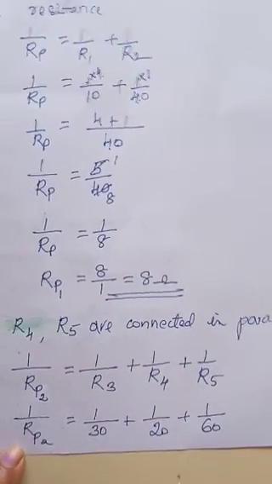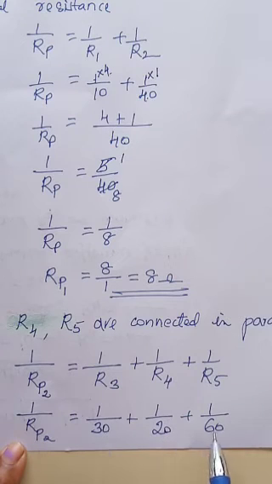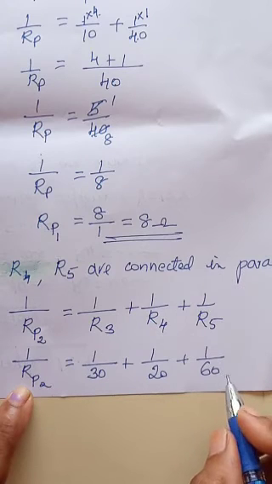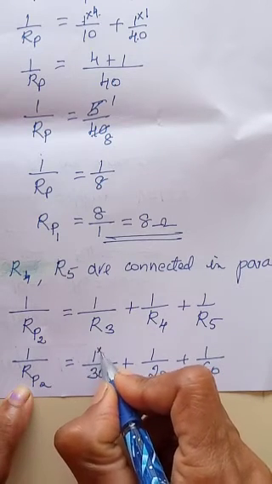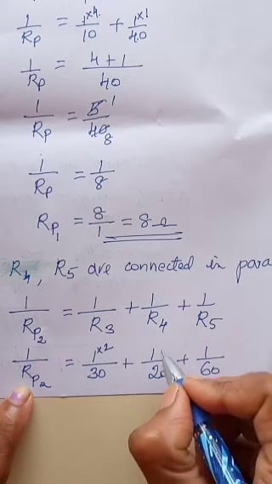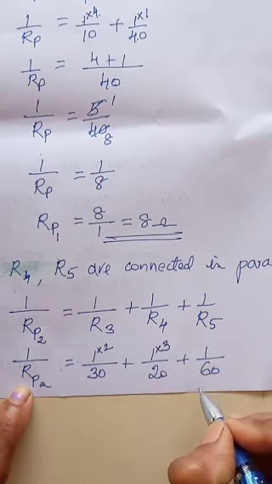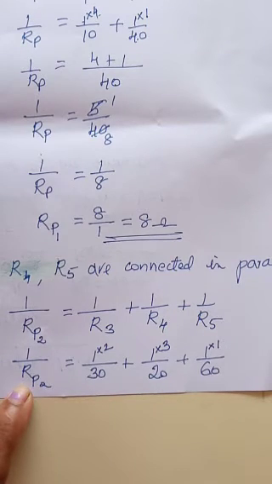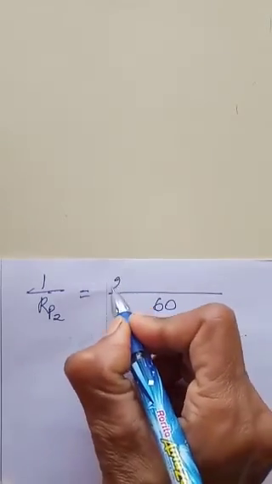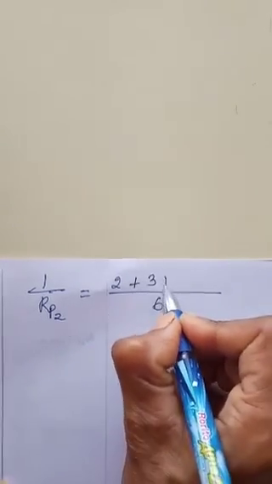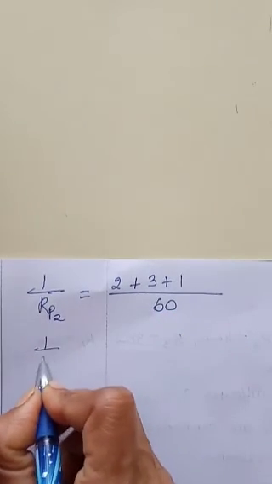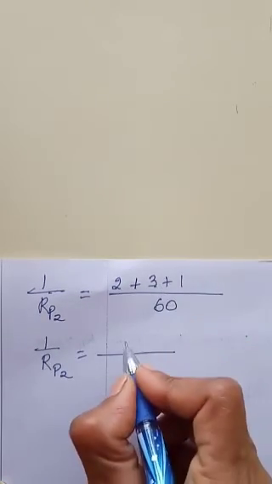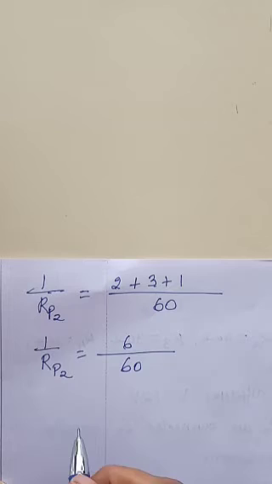1 by 60. Now find the LCM of 30, 20 and 60. The LCM of 30, 20 and 60 is 60. So here 30 2s are 60, multiply it by 2. 20 3s are 60, multiply by 3. 60 1s are 60, multiply this one by 1. Now write the product. Write here 1 2s are 2, 1 3s are 3 plus 1. 1 by Rp2 is equal to, add the numerator, 2 plus 3 is 5, 5 plus 1 is 6, 6 divided by 60.